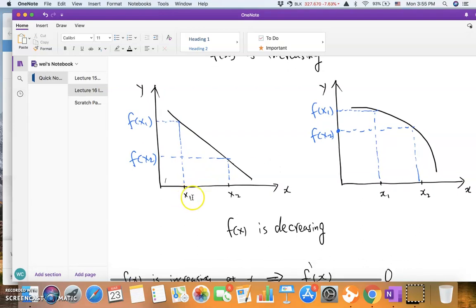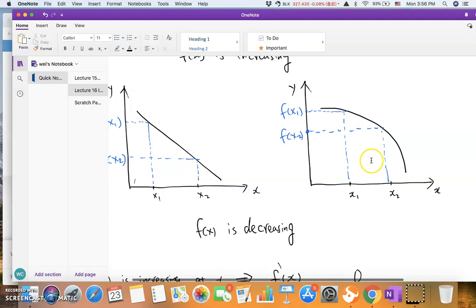Here x1 is less than x2, but the function value at x1 is greater than the function value at x2. So according to the definition, this function is decreasing. This function is also decreasing.